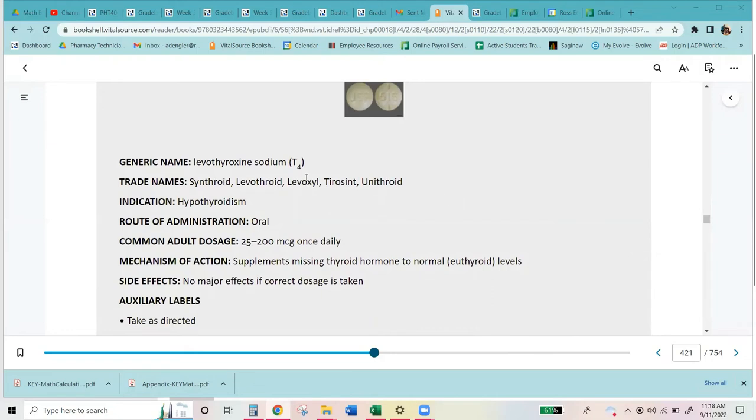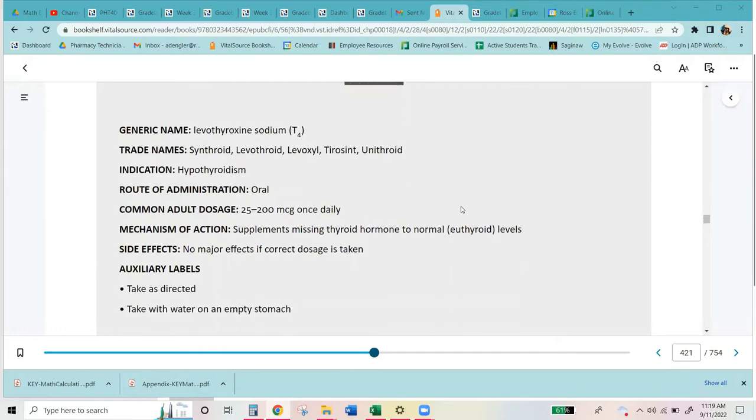And this is actually a medication that a lot of patients will require DAW, dispense as written brand name, on their prescription because it is known that the fillers in the generic product can interact with some patients. So some have to take brand only. So for a medication that's as old as Synthroid, you're going to probably have a lot of brand name strengths of this on hand because we do use it quite a bit.